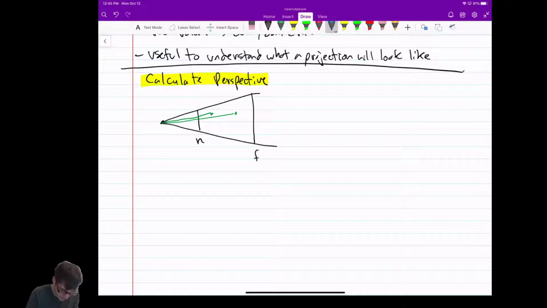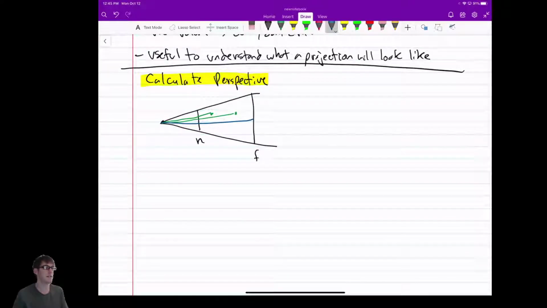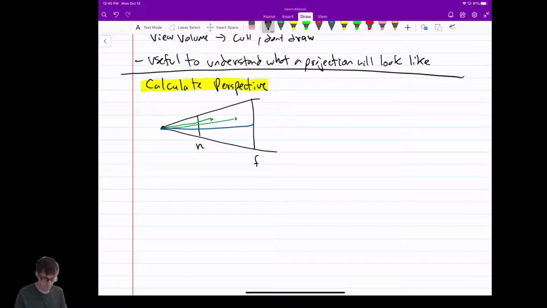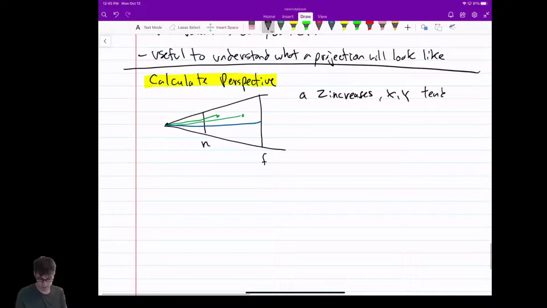In fact, if I draw a third line here, like the center line, the further it gets, it actually approaches that center line, just like we learned about with our vanishing points, okay? So as the z increases, then x, y tend toward 0, 0, which is our vanishing point.